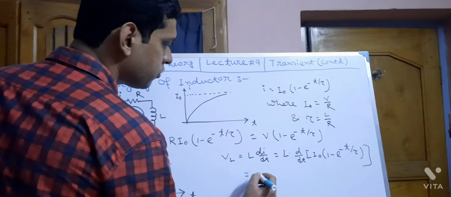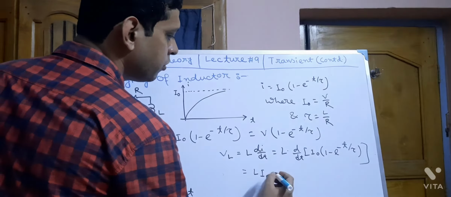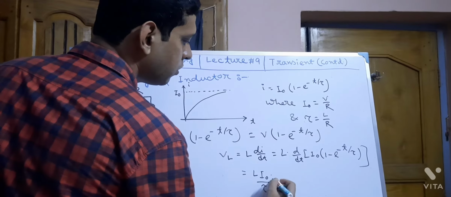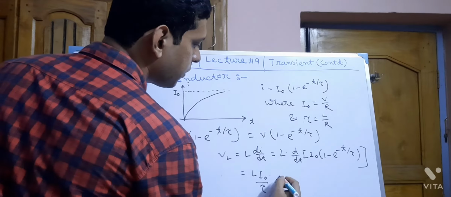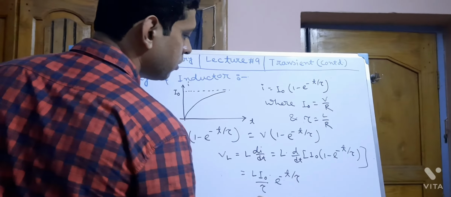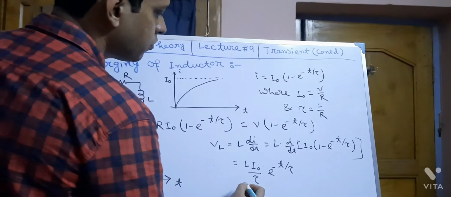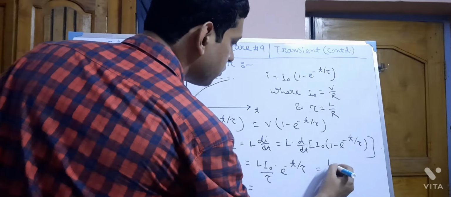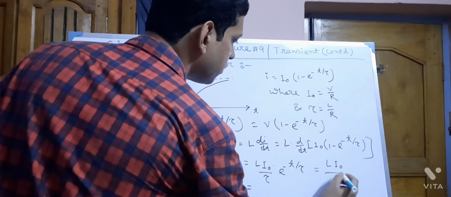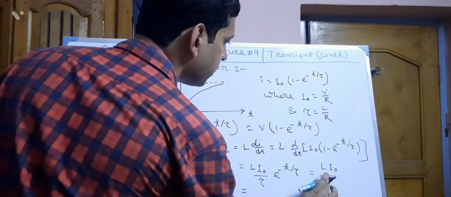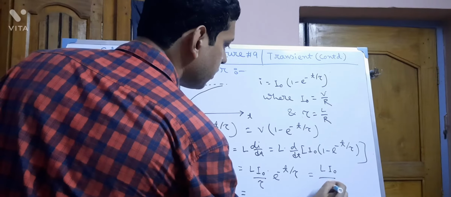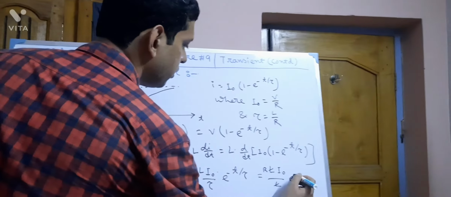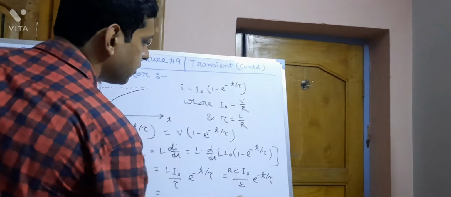Hence VL equals L I0 into 1 by tau, e to the power minus t by tau. Now L I0 by tau, where tau is L by R, equals L I0 into R by L, so L and L will be cancelled out, giving R into I0 e to the power minus t by tau.